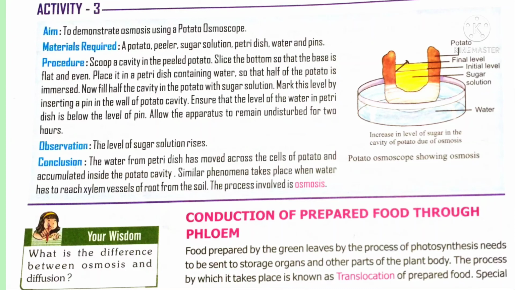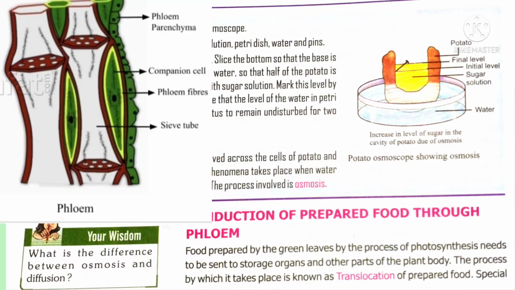Phloem is a tissue. What is tissue? Tissue means a group of cells together performing a single function. Here, phloem is a group of cells which consists of different elements like sieve tube, companion cell, phloem parenchyma and phloem sclerenchyma or phloem fiber. This phloem fiber is called a dead cell, and the remaining are all living cells.